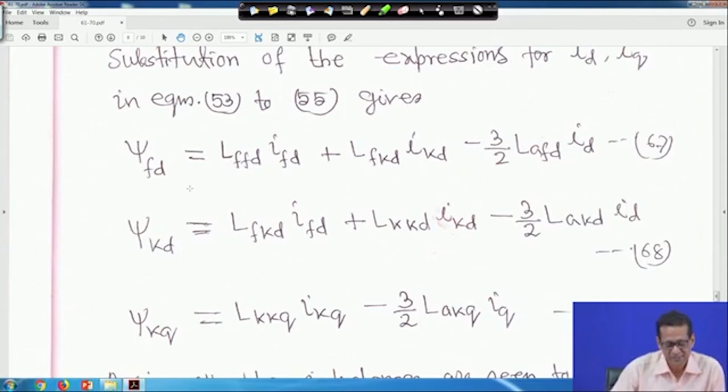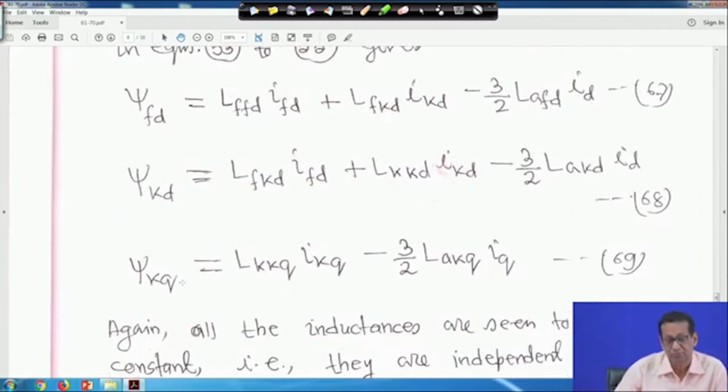Similarly your psi kd will be L fkd ifd plus L kkd ikd minus 3 by 2 L akd id, and similarly psi kq will be L kkq ikq minus 3 by 2 L akq iq.